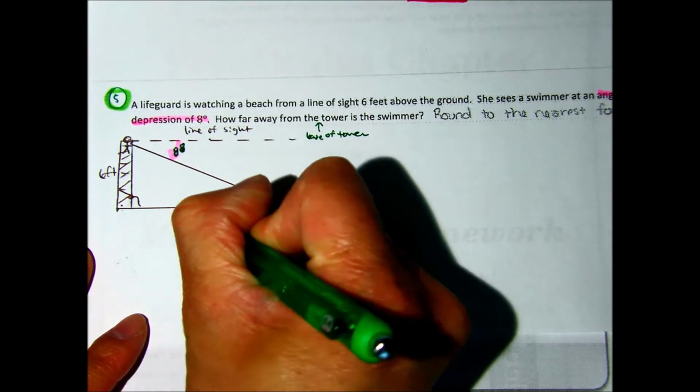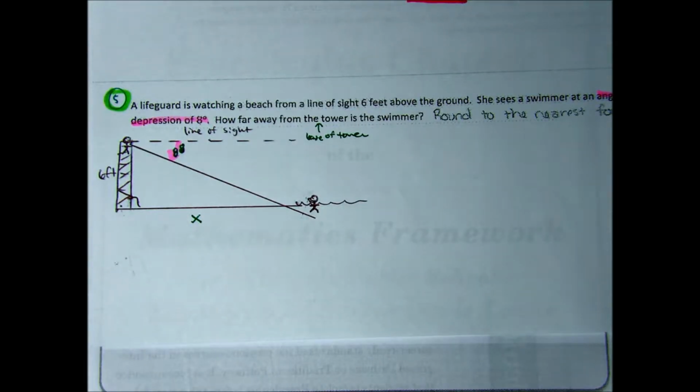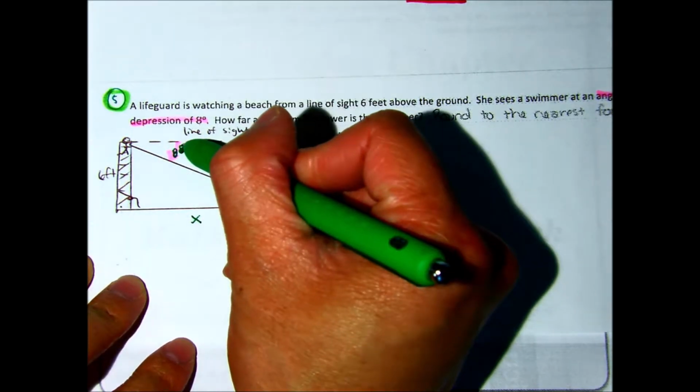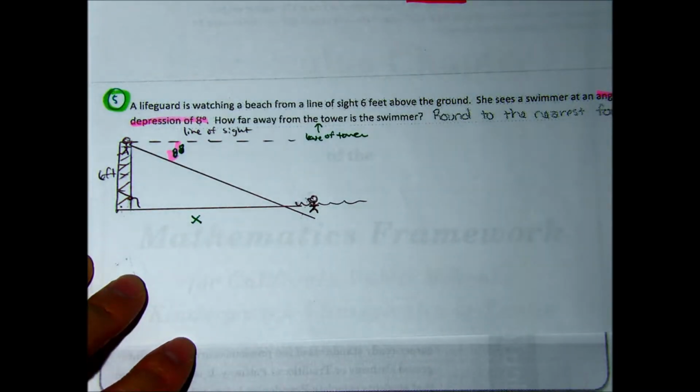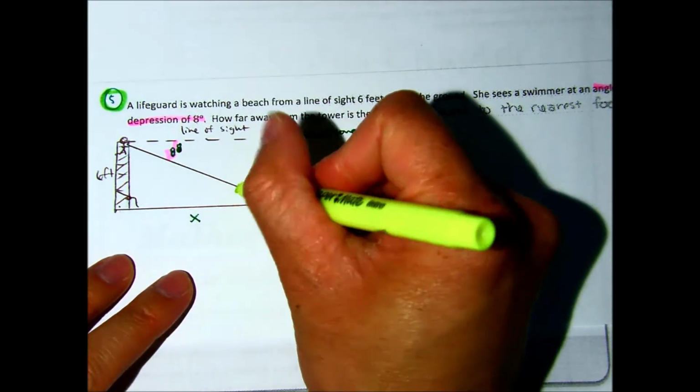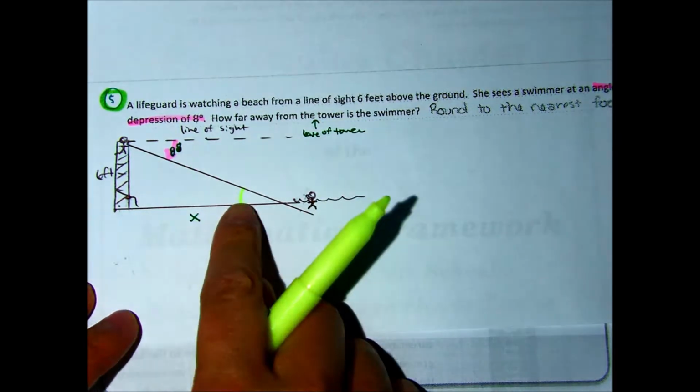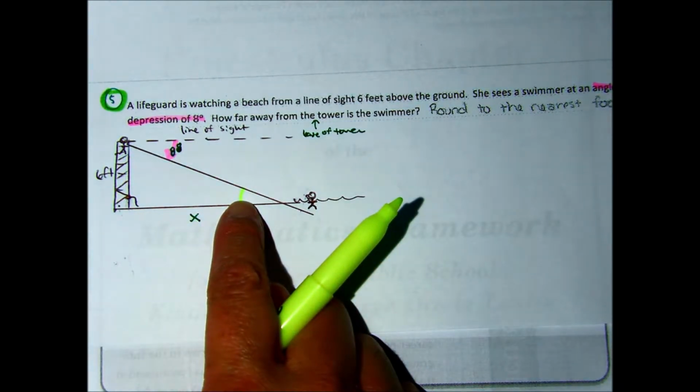Okay, a couple of suggestions as you're doing that problem. Remember, the angle of depression is equal to the angle of elevation. So raise your hand if you wrote 8 degrees in here. That is one way of doing the problem, and it's perfectly fine. Raise your hand if you did complementary angles.